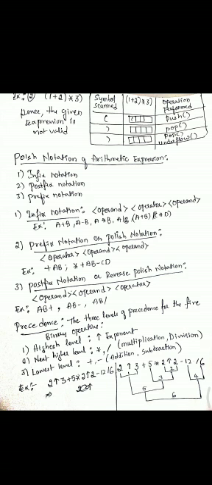The next three priority levels of binary operators are given in the slide. Highest level is exponent operator. The next higher level is multiplication followed by division, and the lowest level is plus or minus, addition or subtraction.